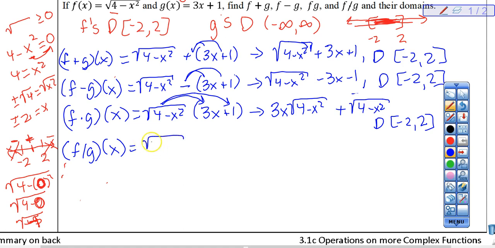So I'm going to do 4 minus square root of 4 minus x squared over 3x plus 1. Uh-oh. Alert! I just put an x in the denominator. So that means I got to look for a new restriction. Remember, denominators are not allowed to equal 0.